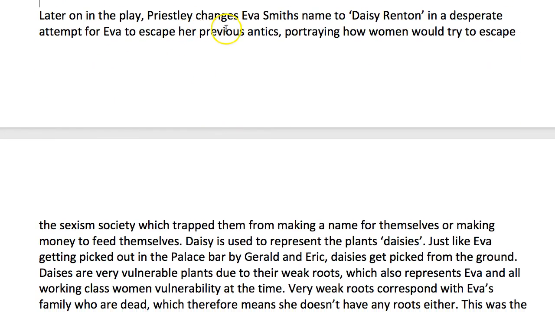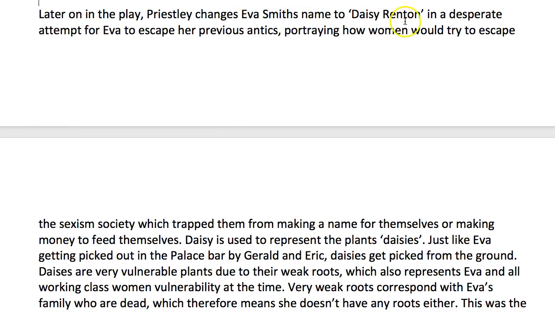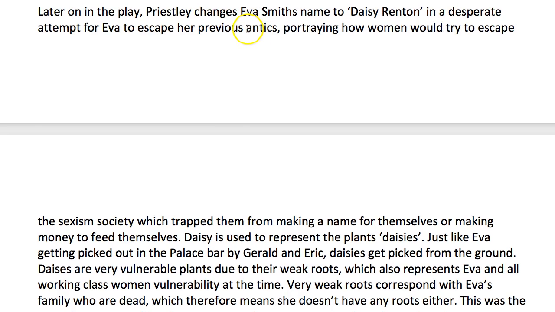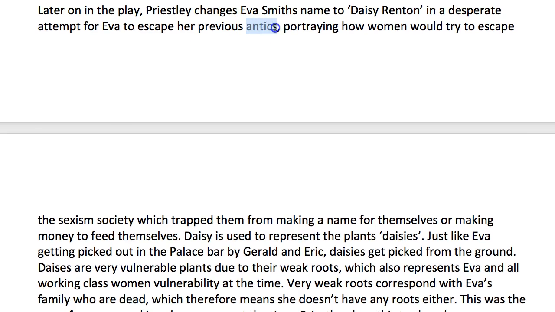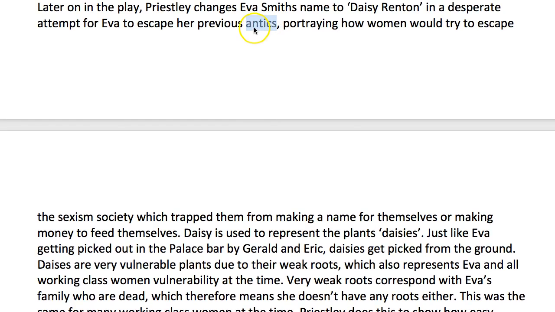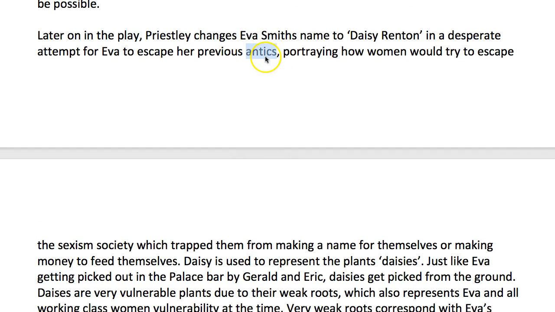Later in the play, Priestley changes Eva Smith's name to Daisy Renton in a desperate attempt for Eva to escape her previous antics. I think you mean actions. Antics means kind of comic actions of which we would disapprove, and that's not really what you mean about Eva.